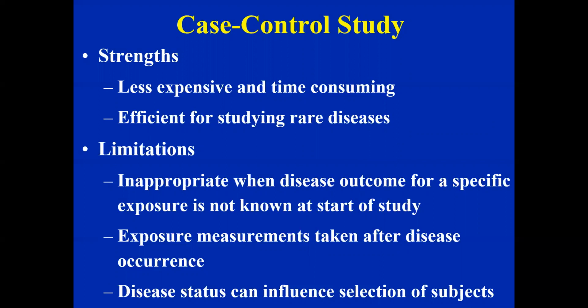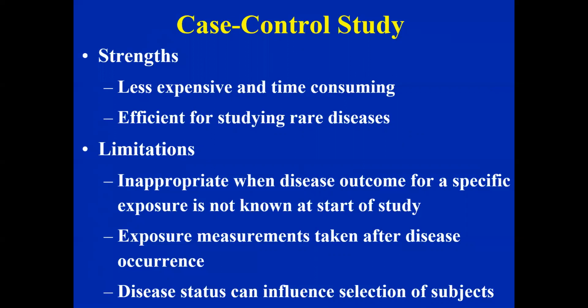Because if you've got a condition which is very rare, and remember we discussed some of those issues in terms of denominator and population, it will be difficult for you to get adequate numbers to do whatever study you want to do. But if you're using cases and controls to assess the relationship, it will be faster and easier.